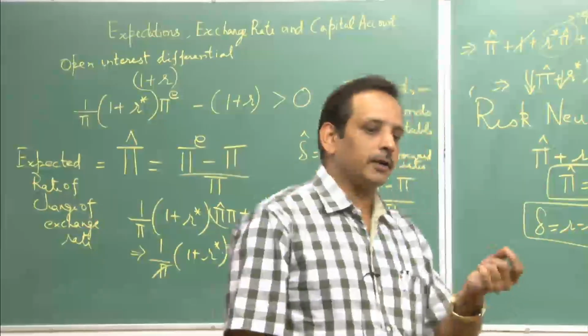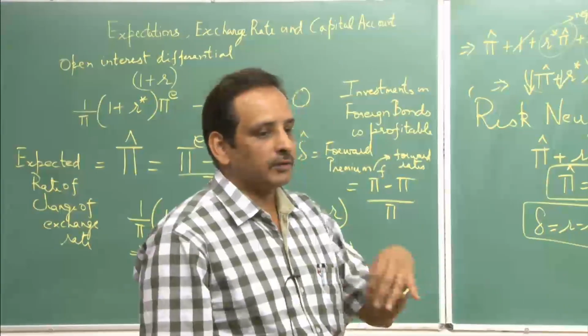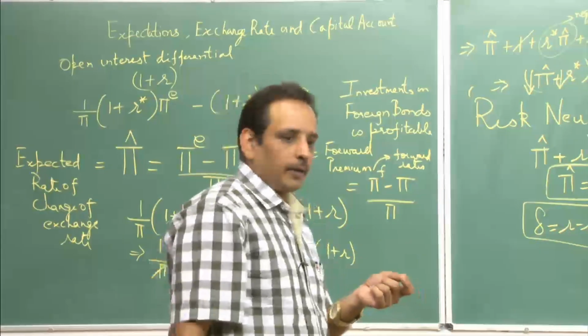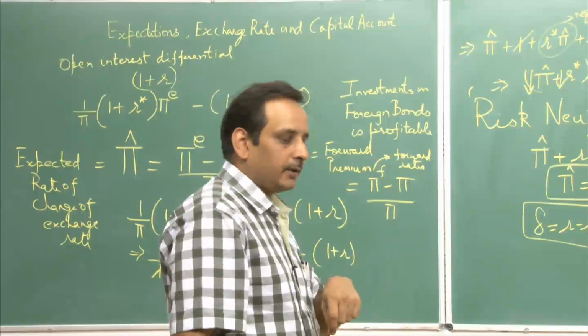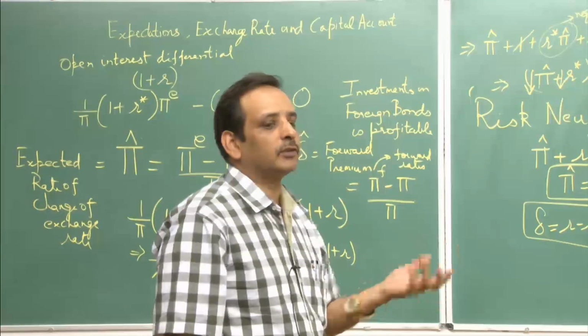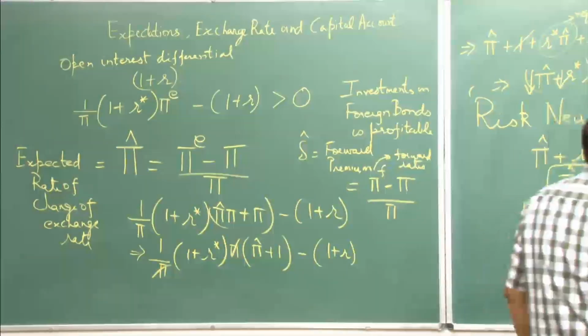If the forward rate is greater than the spot rate, you say that the foreign currency is sold at a premium. If the forward rates are less than the spot rates, you say that the foreign currency is sold at a discount.